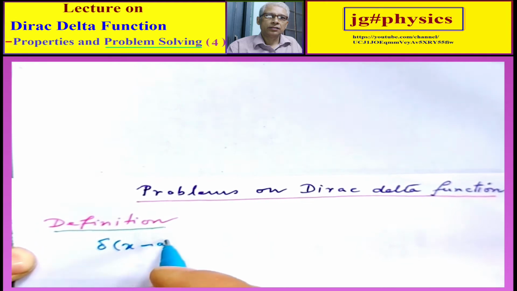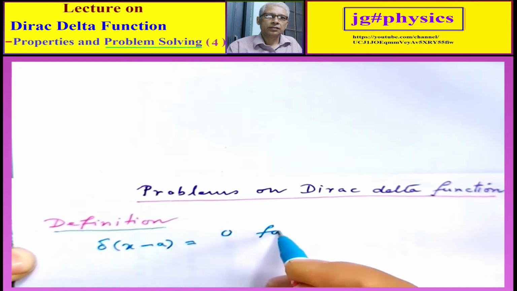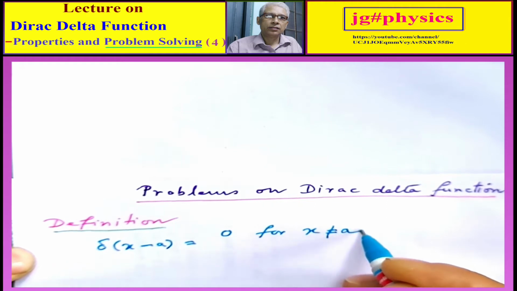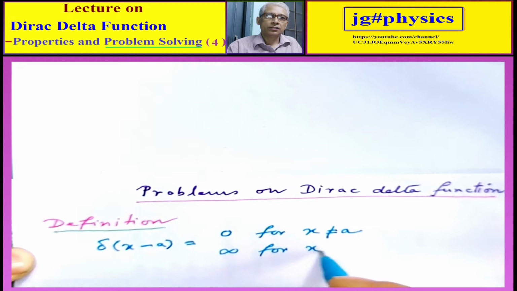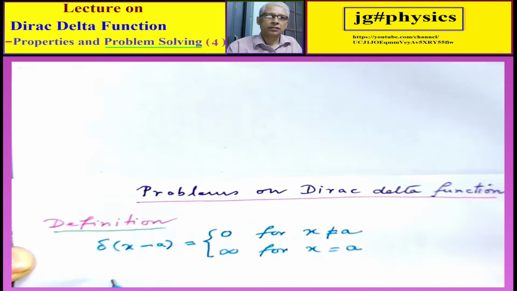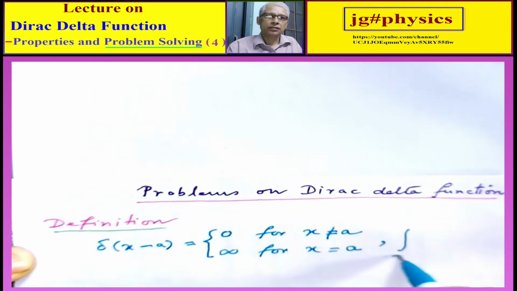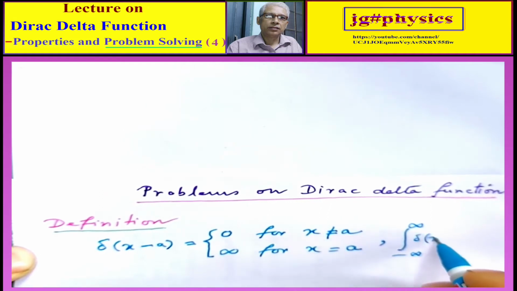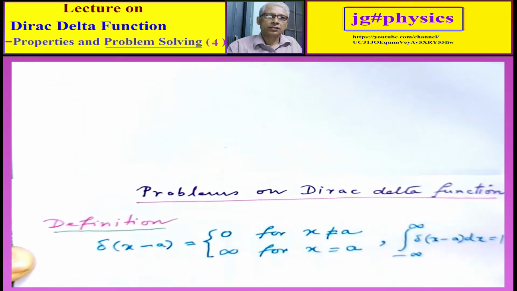Delta x minus a, which is equal to 0 for x different from a, and infinity if x happens to be equal to a, in such a way that the area under the Dirac delta, that is integration minus infinity to plus infinity, gives unity.